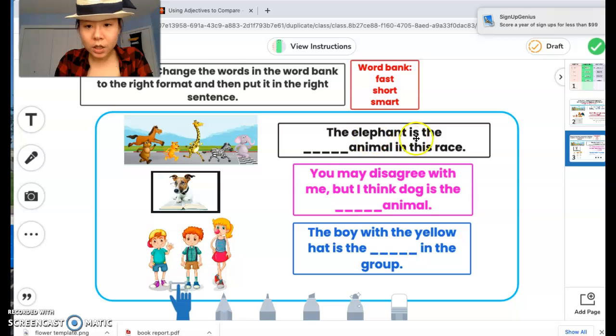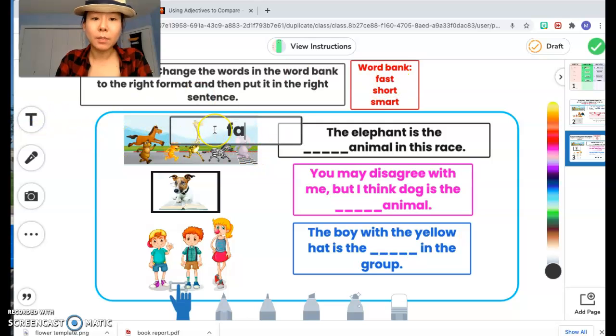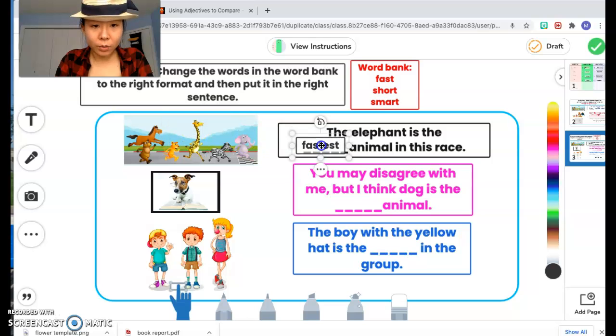Okay, so the first one, let's see. The elephant is the blank animal in this race. If I take a look at this picture, I see that the elephant is right ahead of everyone, right? So clearly, the elephant is the fastest because I'm comparing a lot of animals in this race, right? There are definitely more than 2.